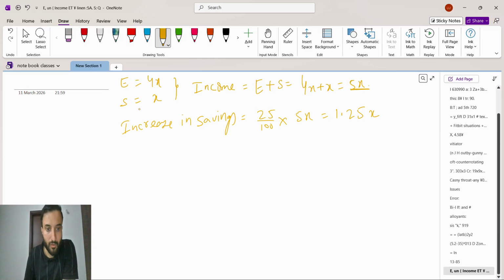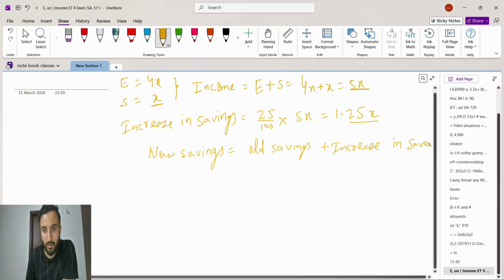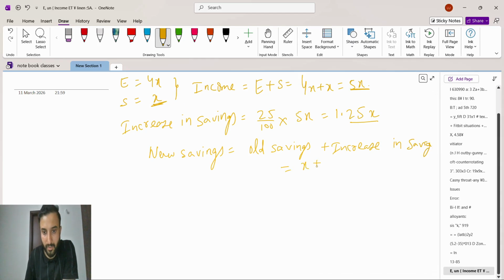Okay, so see, old saving is x, increase in saving is 1.25x. So we will get the new savings. New saving means old savings plus increase in savings. Old saving is x, plus increase in saving 1.25x. So 1 plus 1.25 means 2.25x.